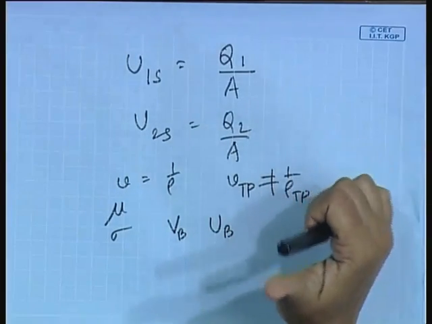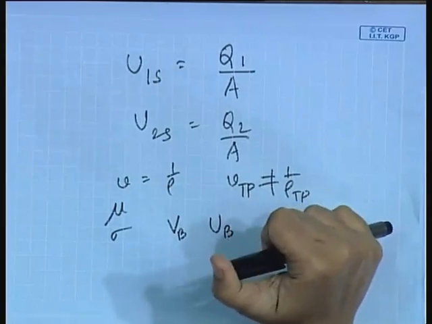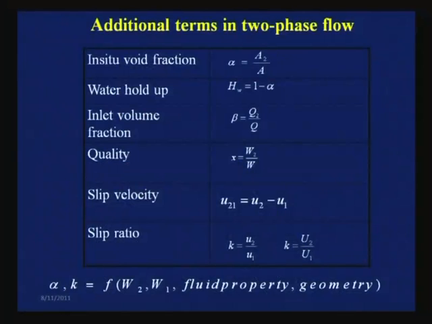So apart from these definitions which you have already come across, certain additional terms will be introduced just for defining the specific case when more than one fluid flows simultaneously through any particular conduit. These additional definitions, firstly, it is the void fraction alpha.